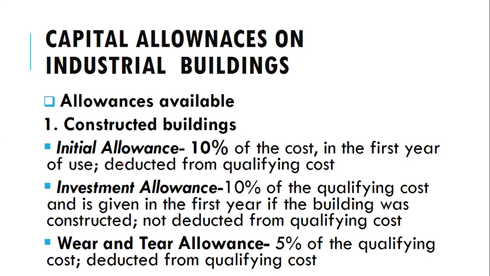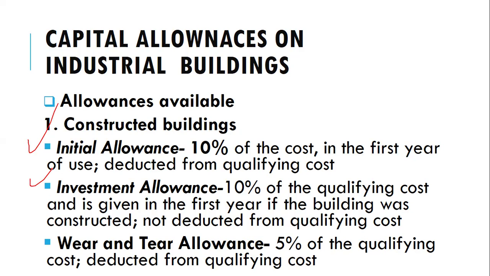The initial allowance in the first year of use is 10%, the investment allowance is also 10%, and wear and tear allowance is 5%. So the initial and investment allowances are only for the first year of use.